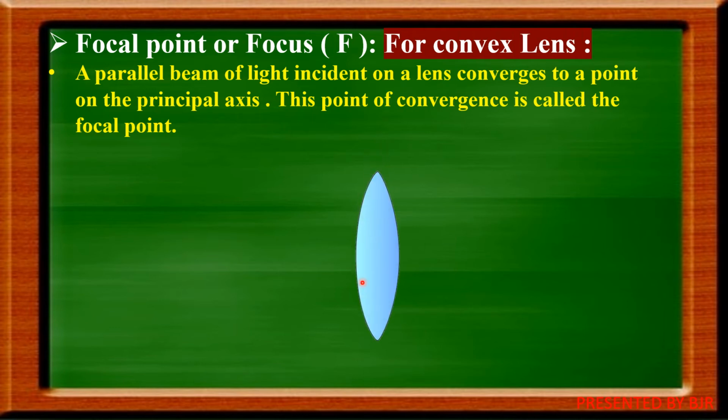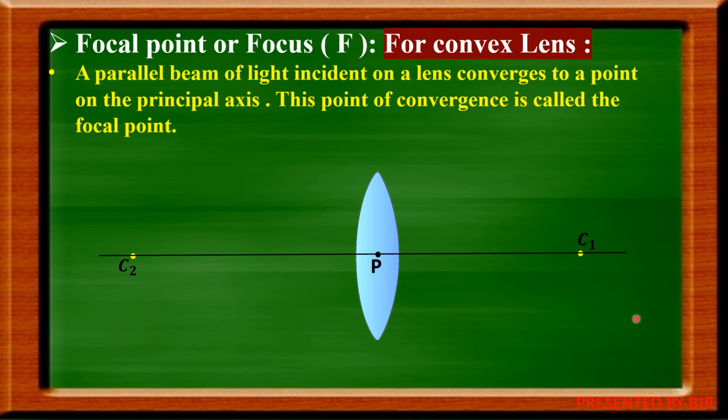This one is the convex lens, P is the optic center, and this side is C1 and this side is C2. Let us draw the principal axis passing through these three points. This is the principal axis.